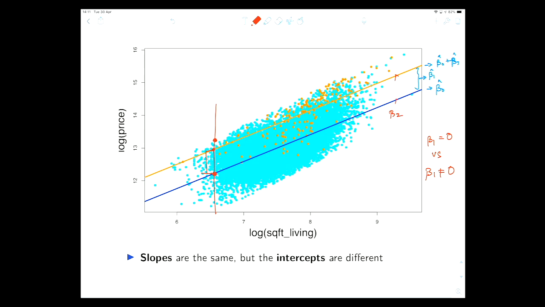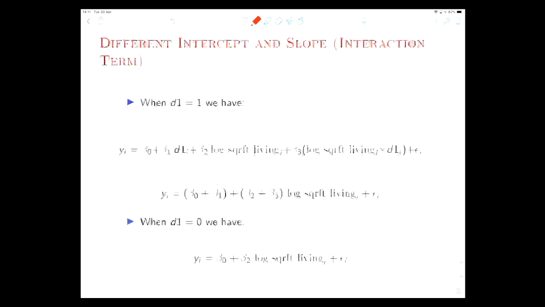But now we want that relationship to also change. So in a sense, we're saying that for properties which have a waterfront, we expect their price will change in a different manner as compared to the square foot living area.